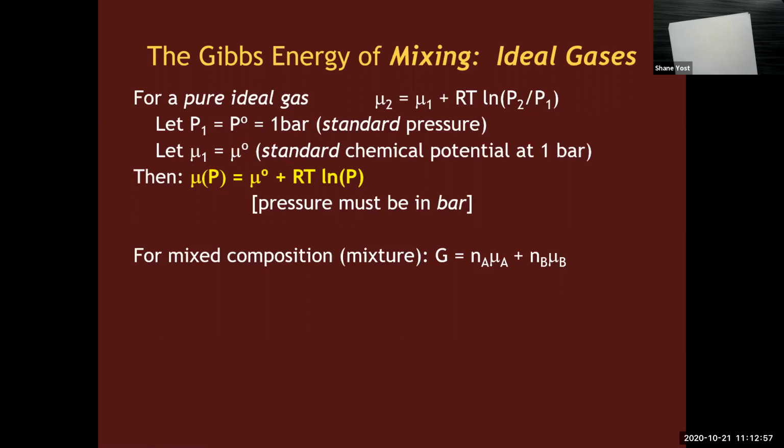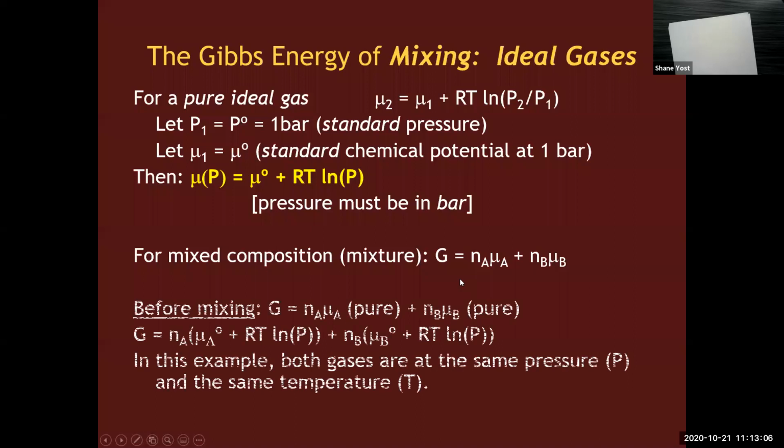The total Gibbs energy of our system is the sum of these chemical potentials times their number of moles. If we consider what the Gibbs free energy is before I mix my gases, it's the same expression, but with the chemical potentials of the pure system.